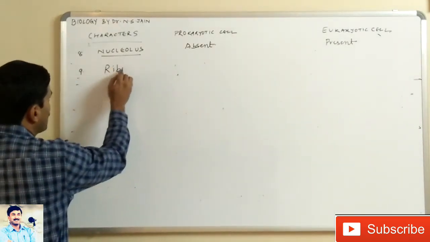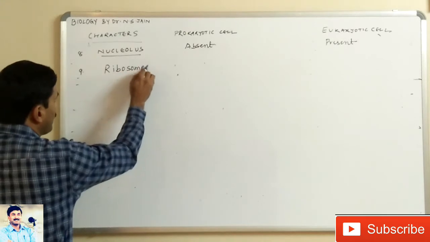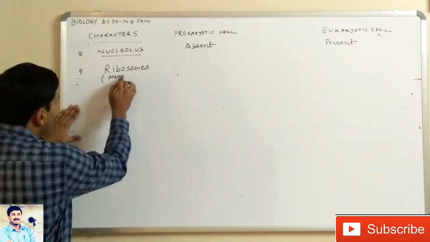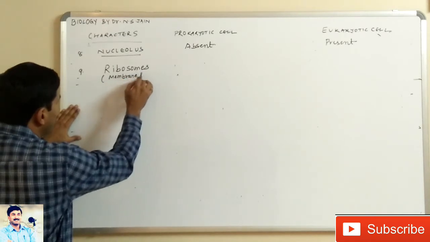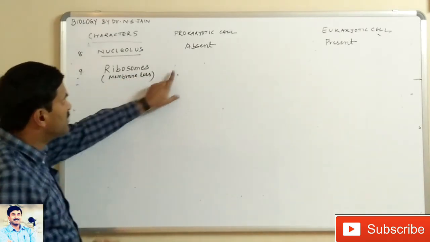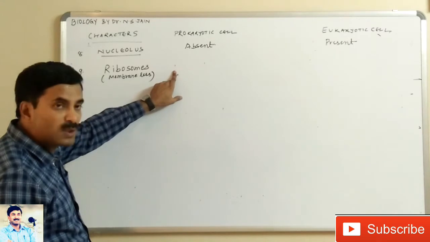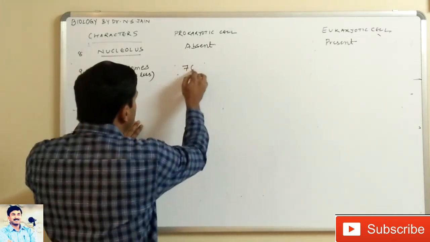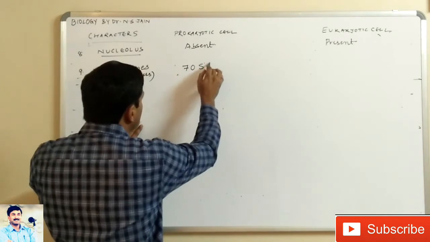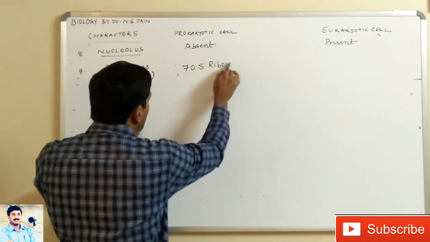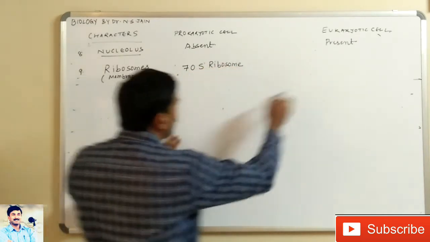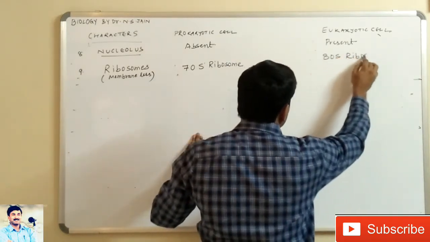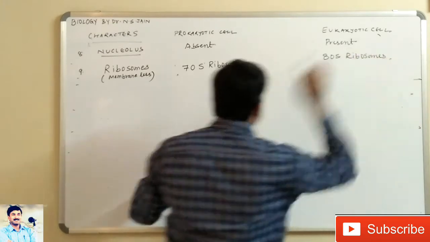Now the ribosomes. Ribosomes are also cell organelles, but they are membraneless, so they are found in prokaryotes and also in the eukaryotic cell. Here 70S type of ribosomes are present. Here 80S type of ribosomes are present.